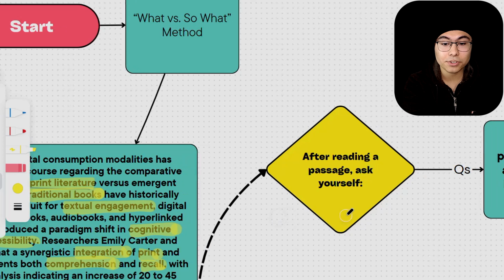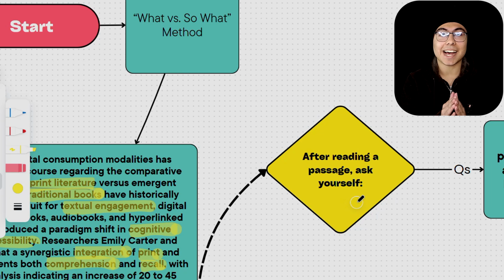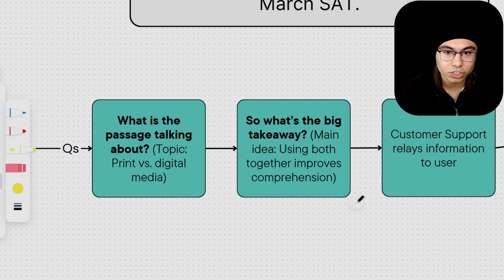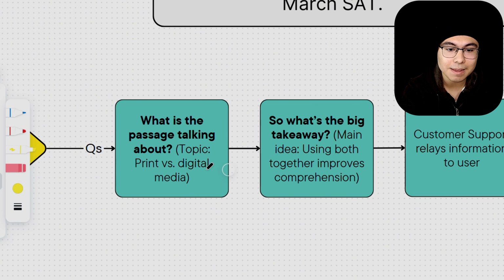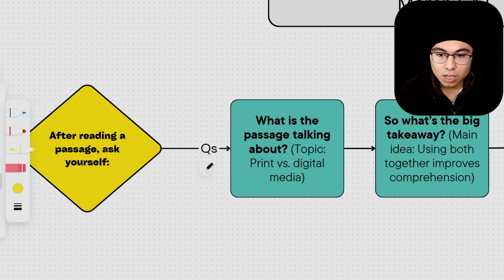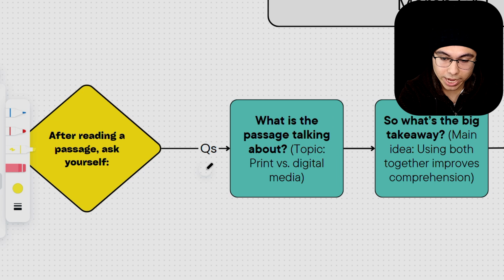So the first step is, after reading a passage, ask yourself these 2 questions. The first question here is, what is the passage talking about? So in this case, you have to find the topic. And in this passage, it was print versus digital media. And then the next question that you want to ask yourself is, so what's the big takeaway?